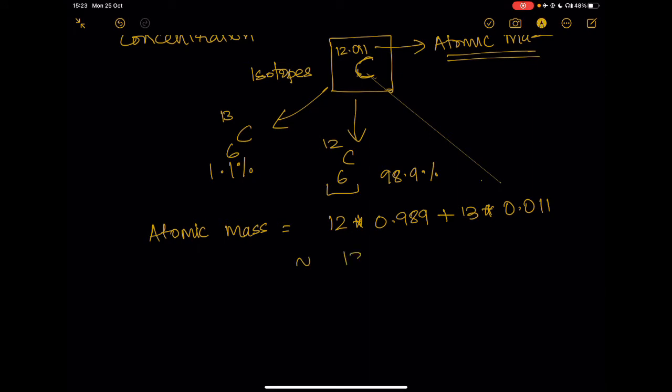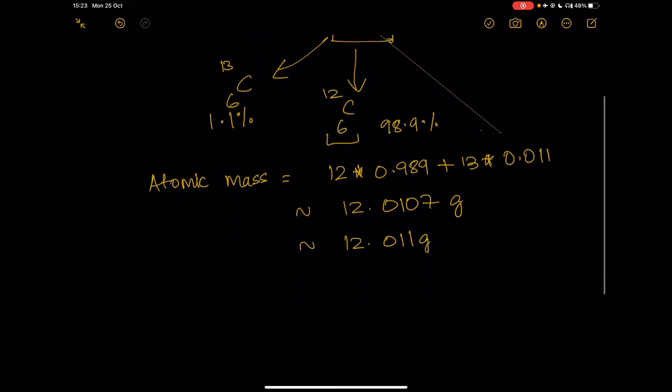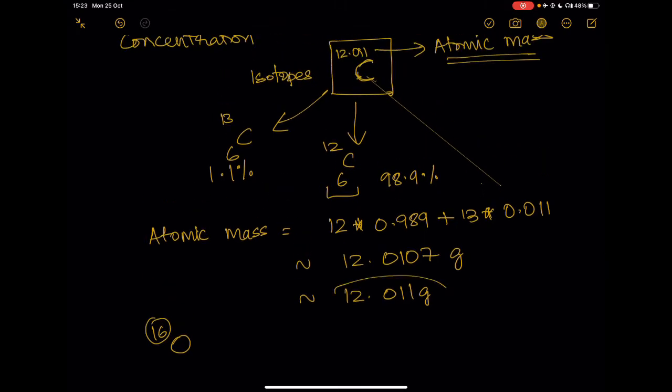Then you'll realize this will come up to something like 12.0107 grams, which is approximated as 12.011 grams for carbon. Now, having gotten ourselves introduced to what is atomic mass, when you're looking at something like oxygen, it's 15.999 grams, which we write as 16. So the numbers here, for instance, 12.011 grams for carbon, already take care of the isotopes that are present.